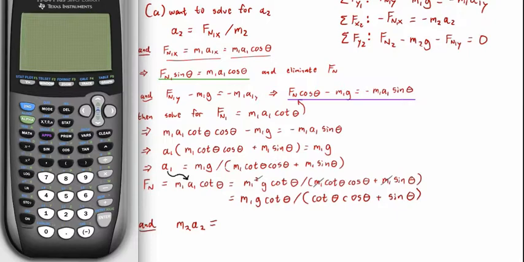So that would simply be this whole expression here, which is the normal force: m1g cotangent theta, all divided by cotangent theta cosine theta plus sine theta, times sine theta, because we're looking for the x component of the normal force. Okay, so we can move that over here, and then simplify that expression to solve for a2.